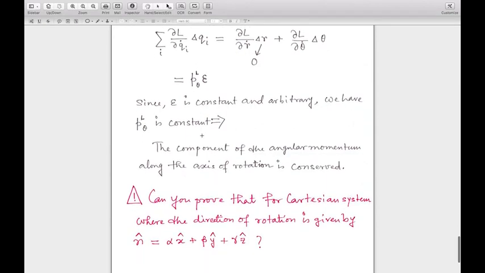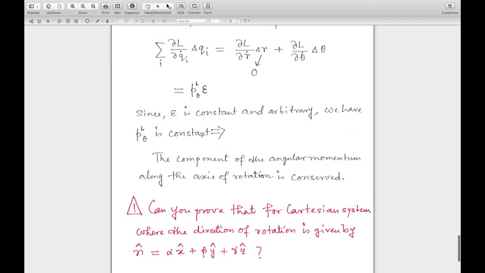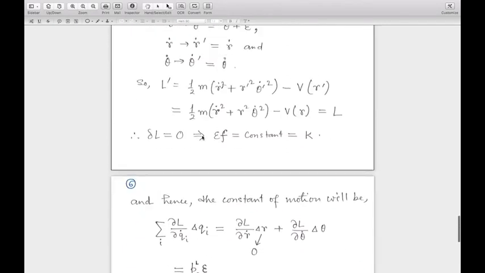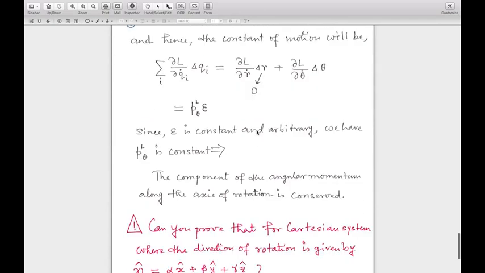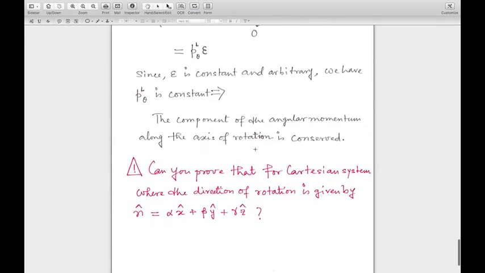So that is the conservation of angular momentum, which comes as a consequence of infinitesimal rotational symmetry of the Lagrangian. That's very important. So you have now shown in these two examples that two types of infinitesimal symmetry transformations of the Lagrangian give us two very important fundamental conservation principles.